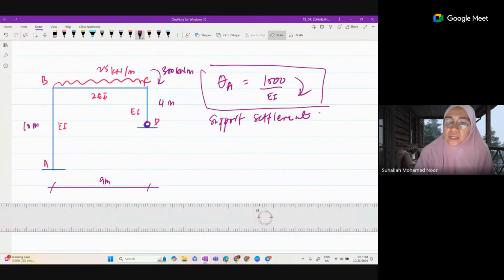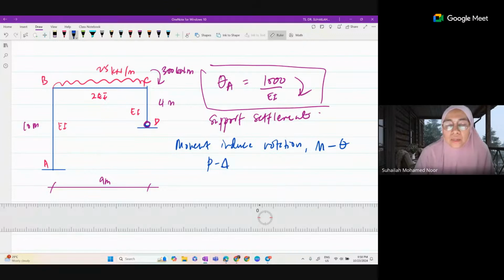Always remember, moment induces rotation, so the partner of moment is theta. Same goes for P and delta: P and delta, moment and theta. So if the support settlement is given as rotation, the best redundant is the moment at the support.